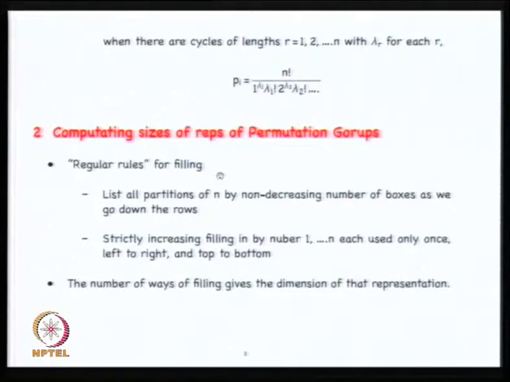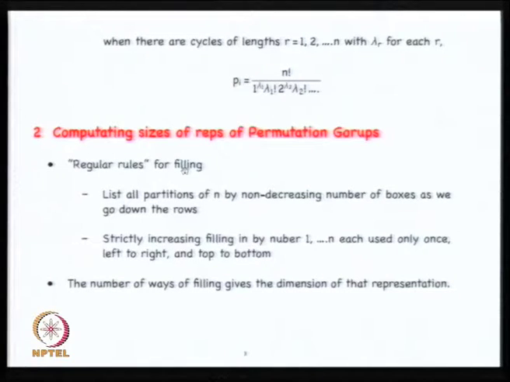And the Dresselhaus book, which does not talk about Young tableaus at all, but has another way of calculating the sizes of irreps, but we will do this.